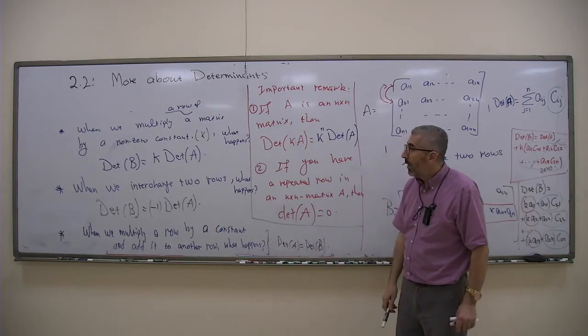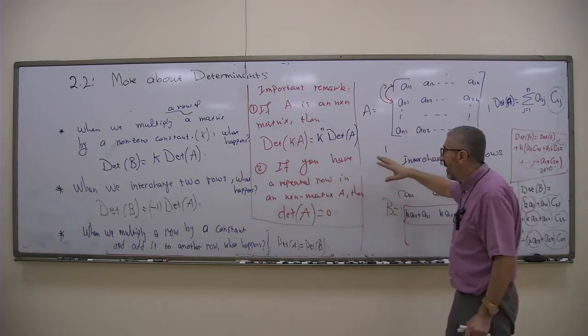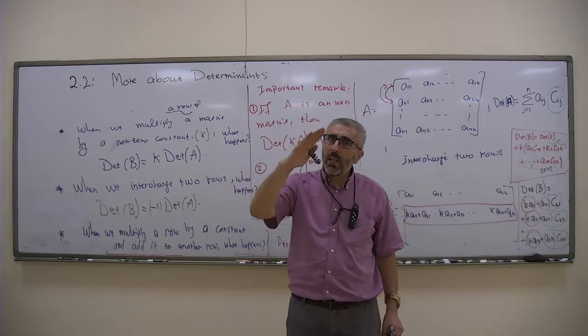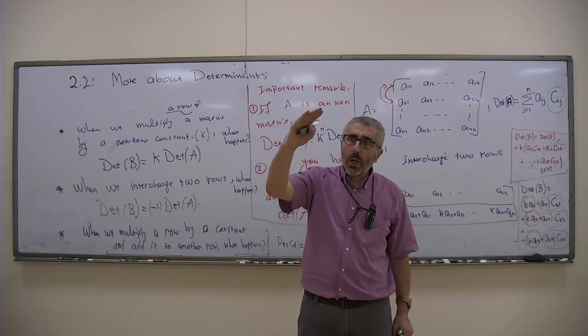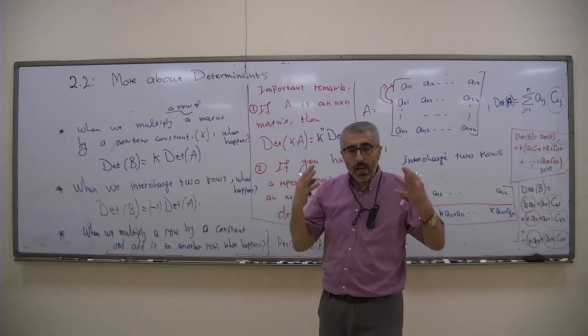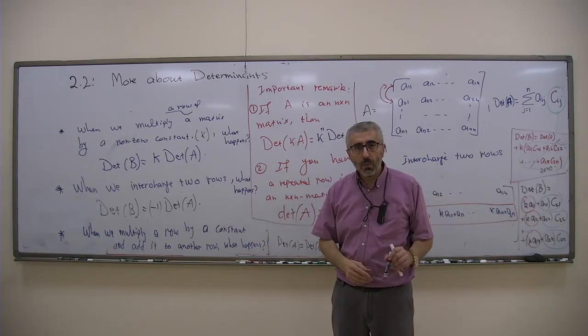Okay? So now, after understanding those 3, and the verification is very easy, okay? After you understand those, you can do elementary row operations and trace your steps and see the effect in each step and get the determinant of your matrix. Okay?